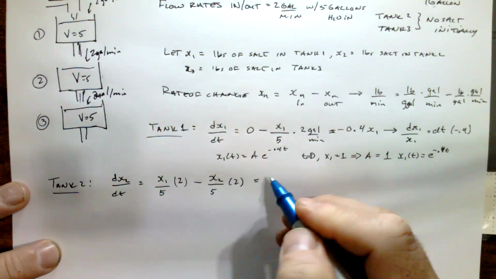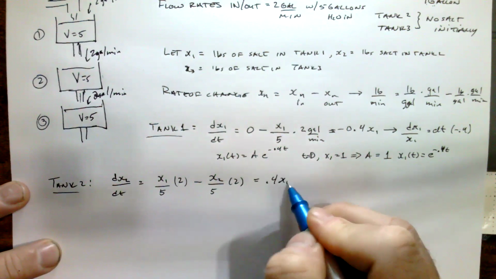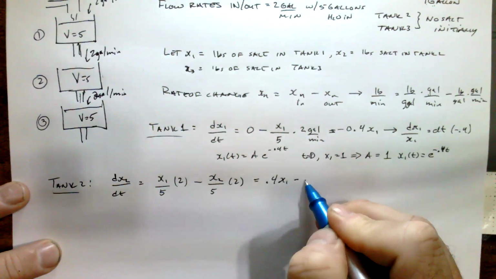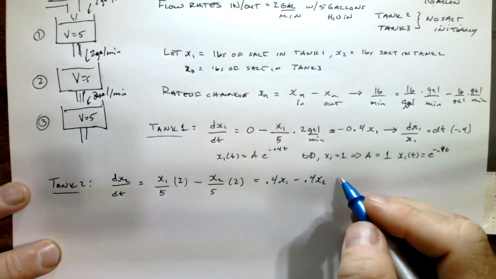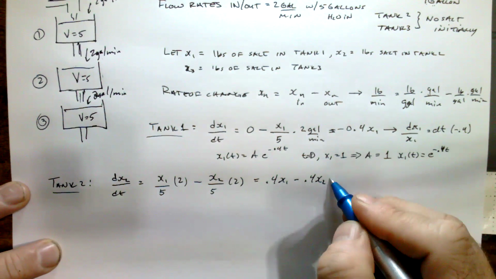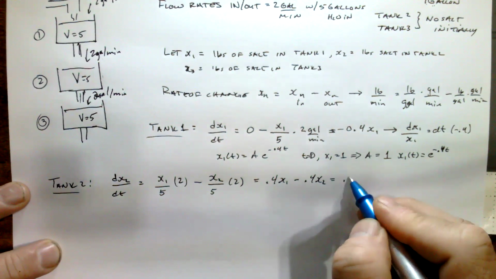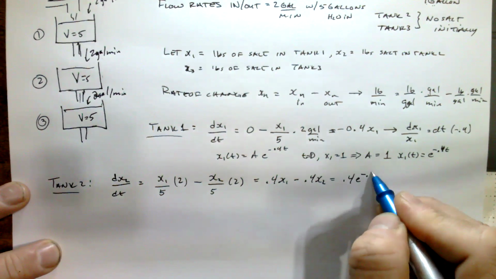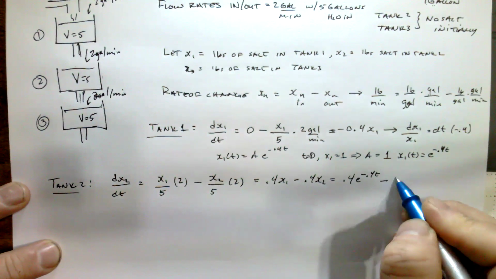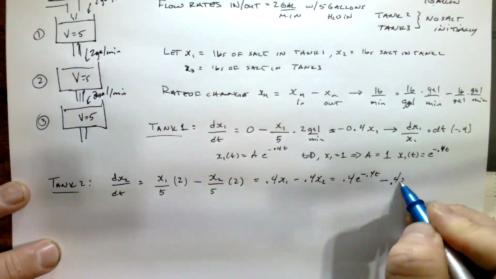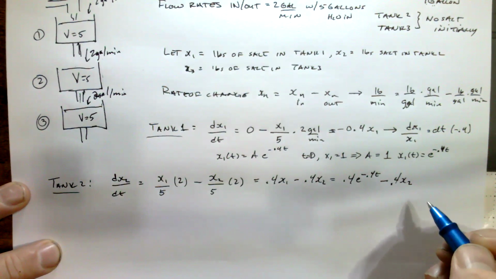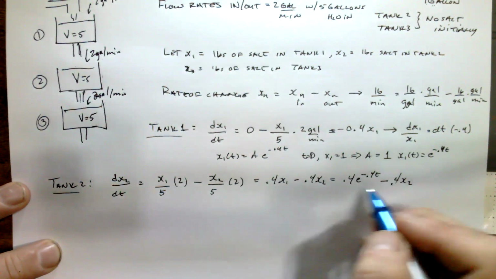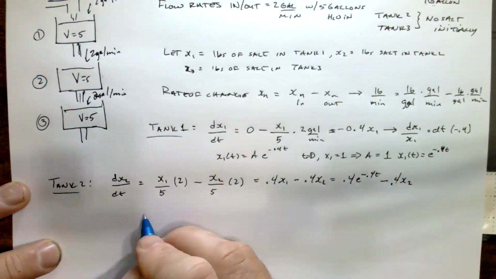And so this becomes 0.4 x1 minus 0.4 x2. But we know what x1 is, so we can write this as 0.4 e to the negative 0.4 t minus 0.4 x2, which is a first order differential equation in terms of x2.